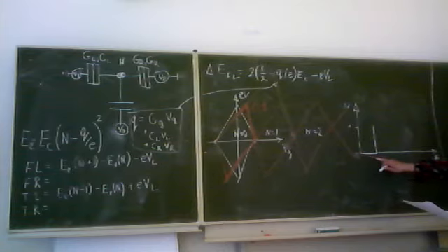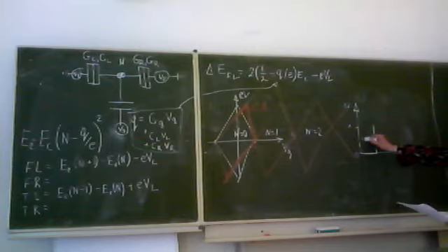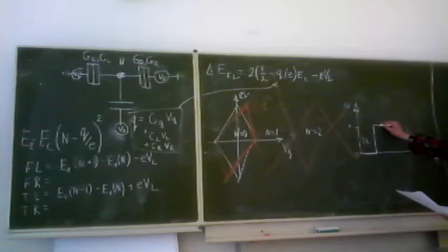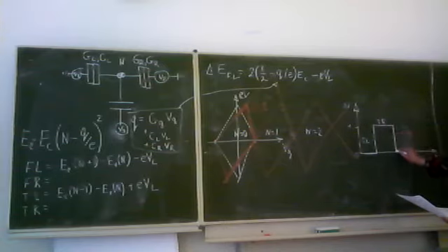It remains 1 till the electron from the left comes. Then it stays in 1 till it goes to the right.